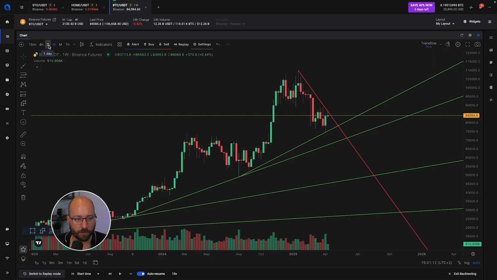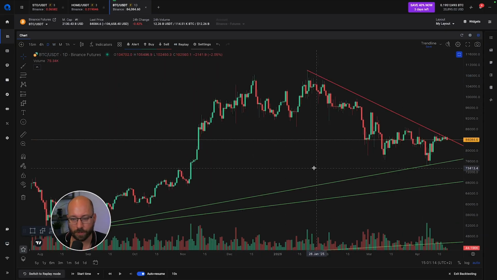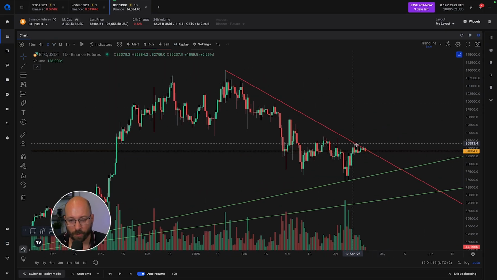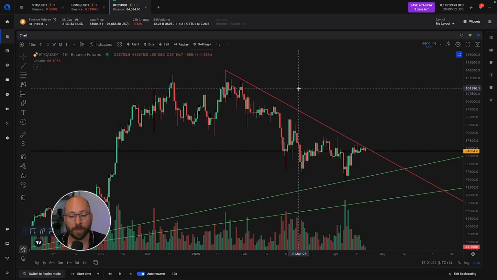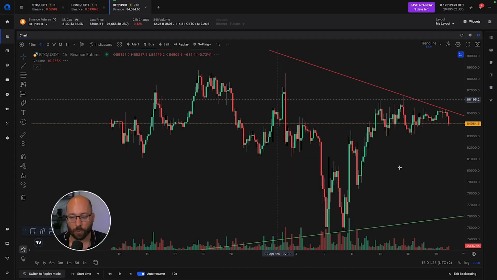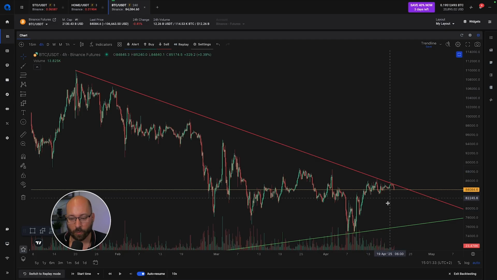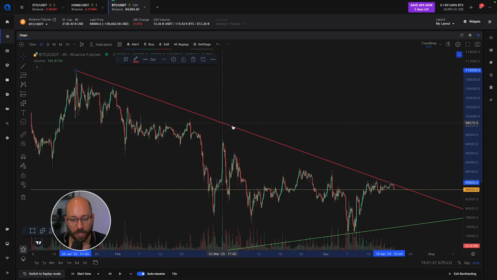So we have to move down to the daily time frame. Again, we can make our adjustments like so, and we can check if there's anything else to draw. And at the moment, there isn't. So we can go down to the 4 hours, and again, we don't have it. But what we are starting to see now is that this trend line is actually getting quite strong.